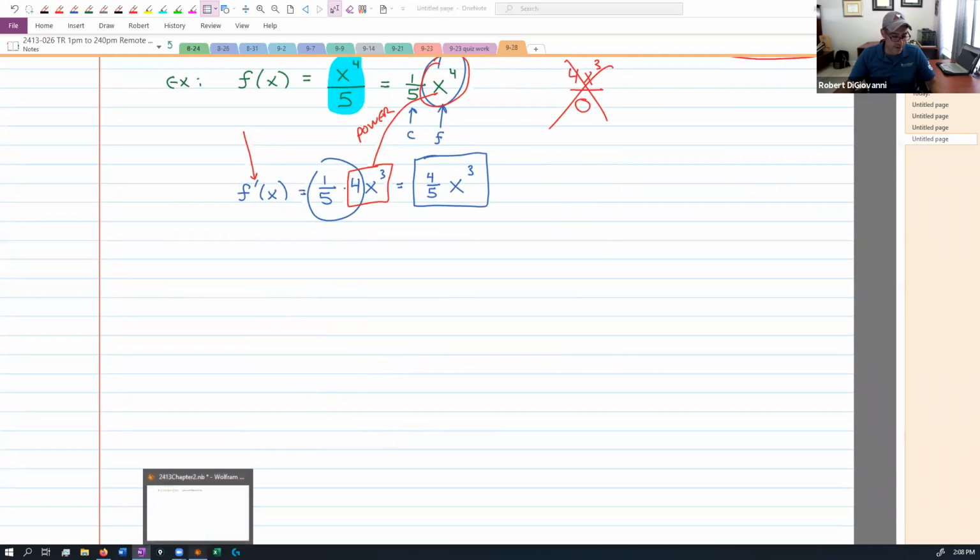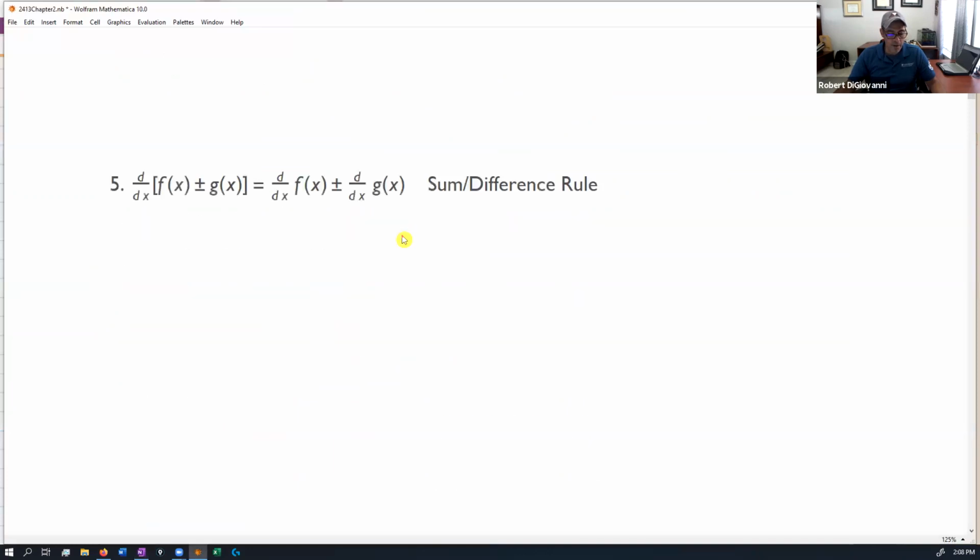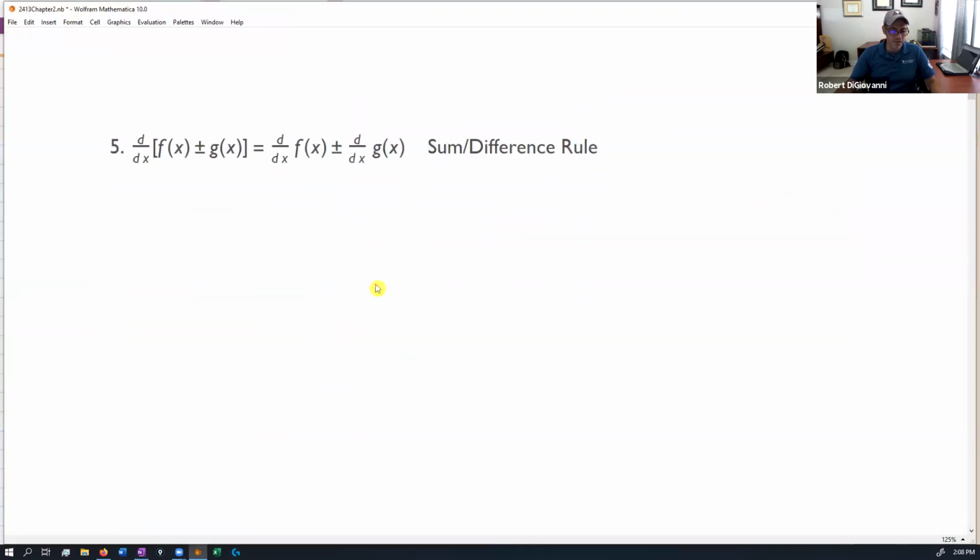Okay, let's do the next rule, and then I'm going to give you one to work on. This rule looks crazy, but it's not that bad. All it's saying is that if you're trying to take the derivative of two things that are either added or subtracted together, so you have multiple terms, you are allowed to do them individually and then just add or subtract the answers.